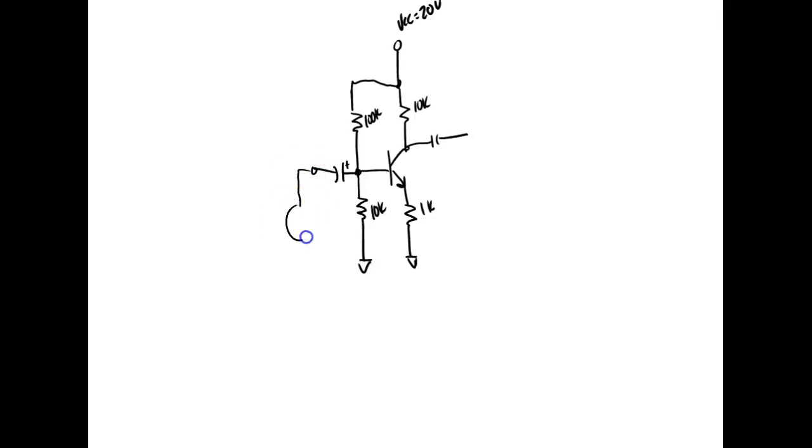This is not a power source. This is a signal source. Now, there's no such thing as something that does not have any resistance at all. If I push voltage through resistance, what do I get? I get a voltage drop, right?